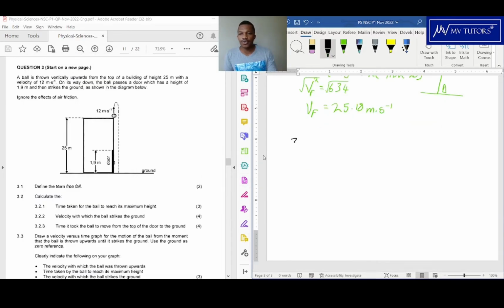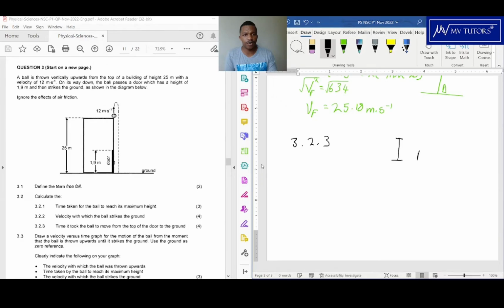Okay, let's do 3.2.3 now. It says the time it took the ball to move from the top of the door to the ground. Okay, that's cool. So we know that the door is 1.9 meters. So what I'm going to do is, that's the door there.